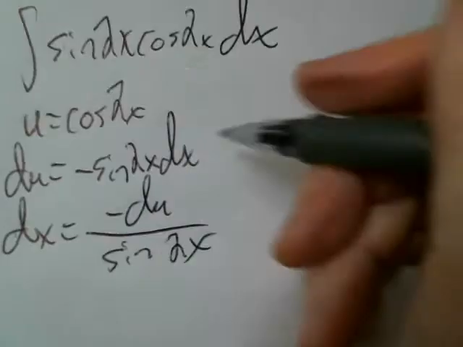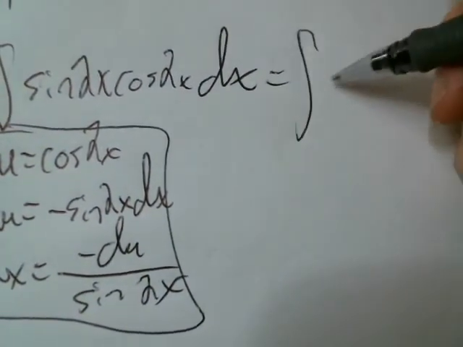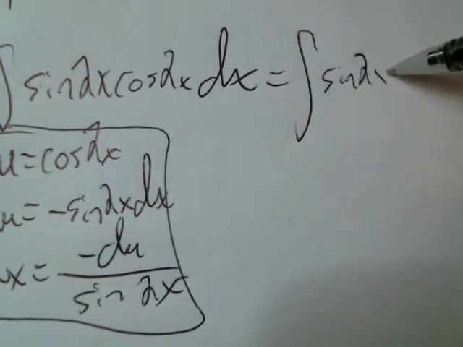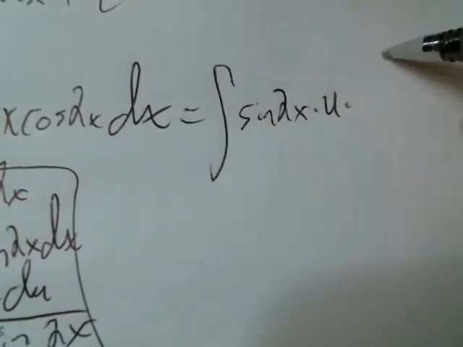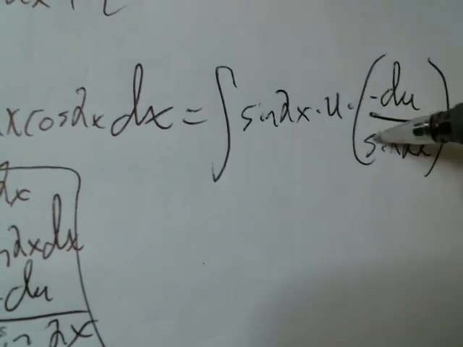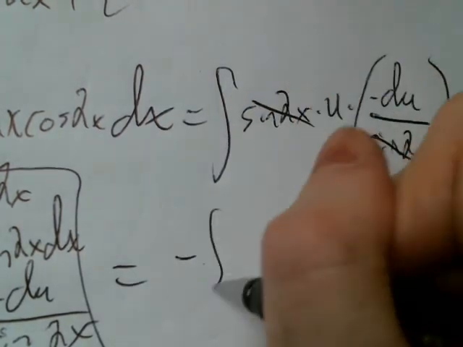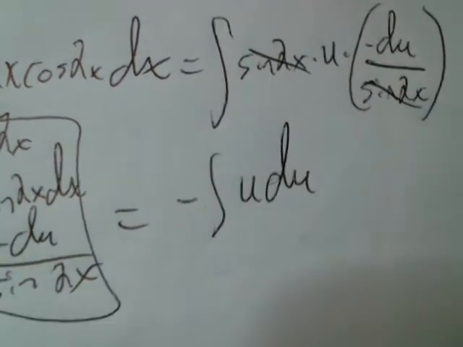Okay, all right, so doing our substitutions, I end up with the integral of sine 2x times u times negative du all over sine 2x. The sine 2x's divide out, and you're left with a negative integral of u du.